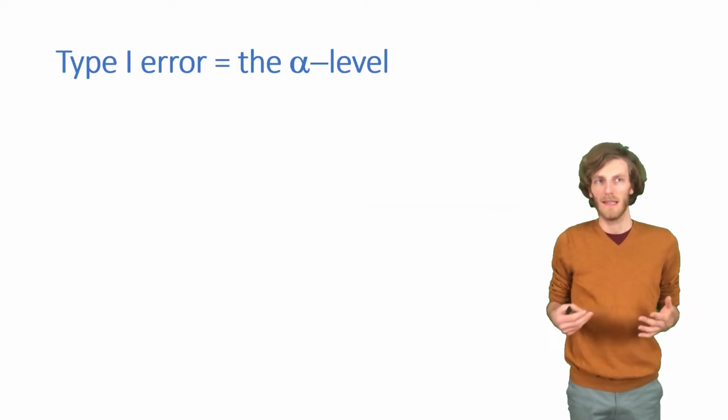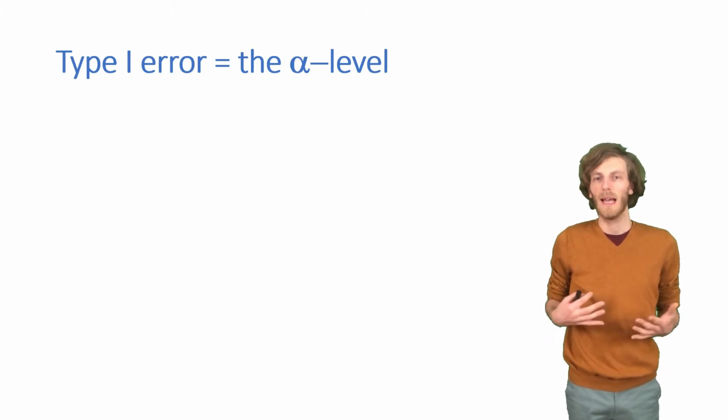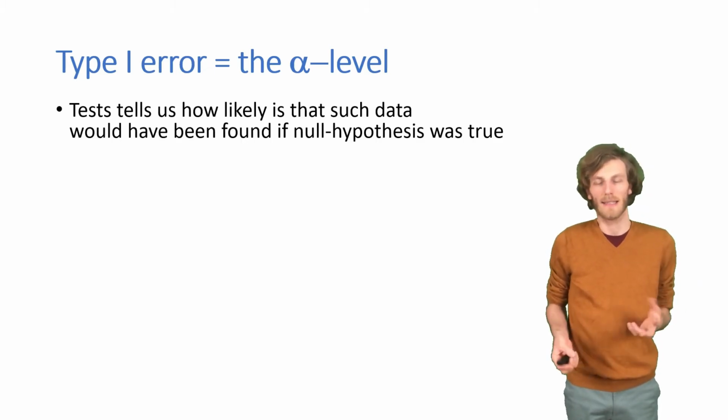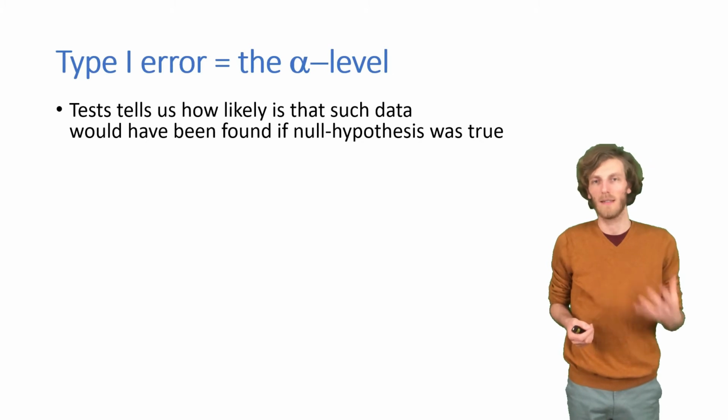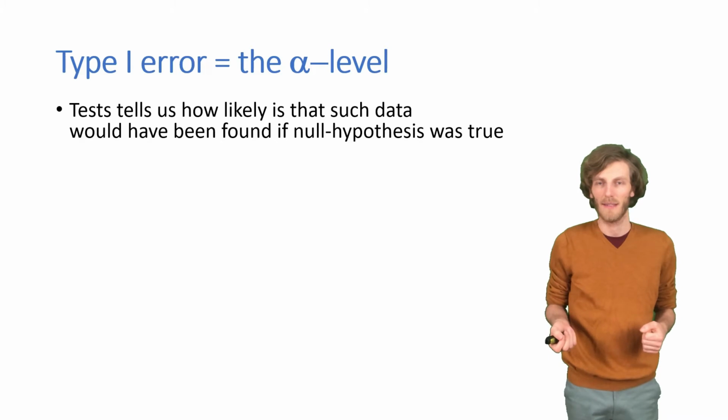First one is the type 1 error rate, the alpha level. And that's just based directly on the output of a statistical test. Any test tells us how likely we would have been to see data, such as the data we have observed, if the null hypothesis was true out there in the world.